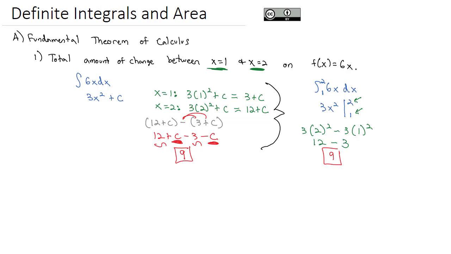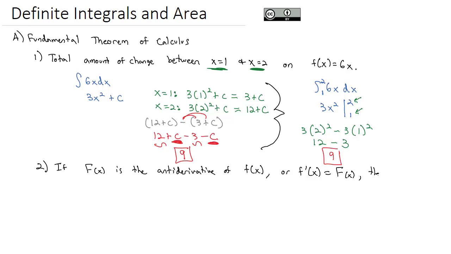So if we have integration limits, we're going to drop the plus c and just plug that value in. That process that we just did pulls in what is the fundamental theorem of calculus, which states that if capital F of x is the antiderivative of lowercase f of x, that is to say that capital F prime of x is lowercase f of x, then we will say that the integral from a to b of f of x dx is equal to that capital F of x evaluated from a to b, which means we plug that top number in and subtract whatever that bottom number is.